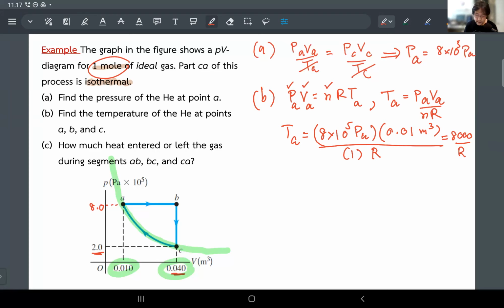And then this is going to be the temperature at C automatically, because they both are at the same temperature. Okay. The only thing left for you to calculate is the temperature at point B. But that's not hard because at point B, once again, you can link point B to A or C using PB VB over TB equals PA VA over TA.